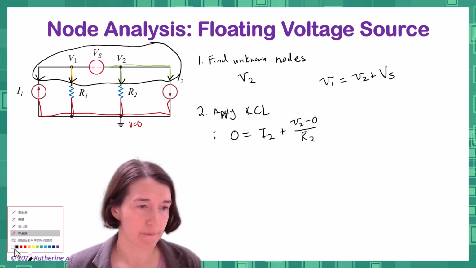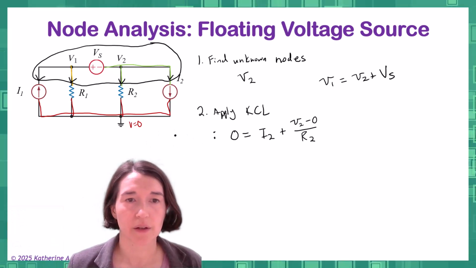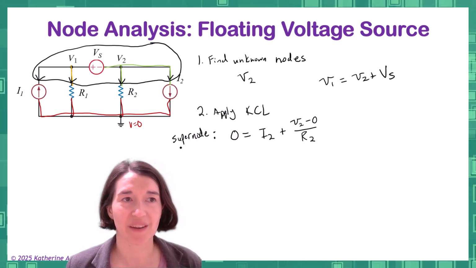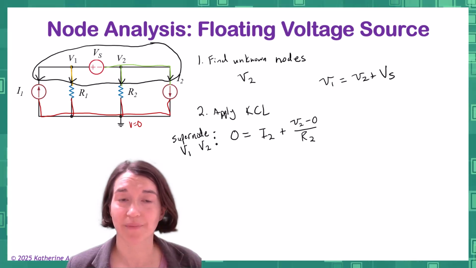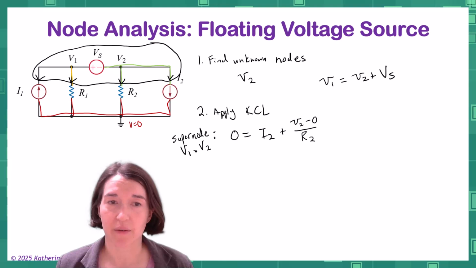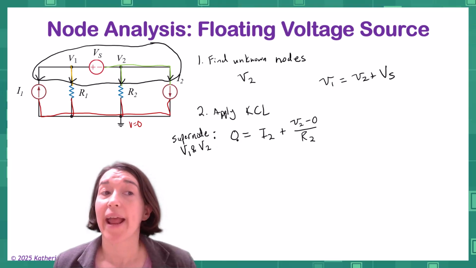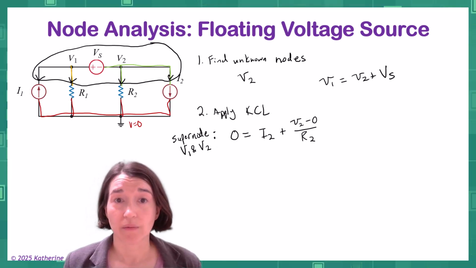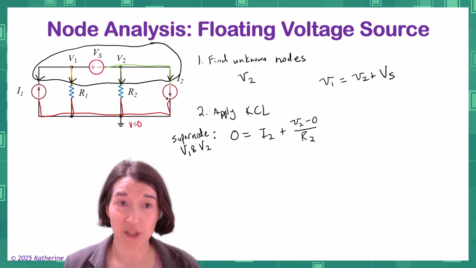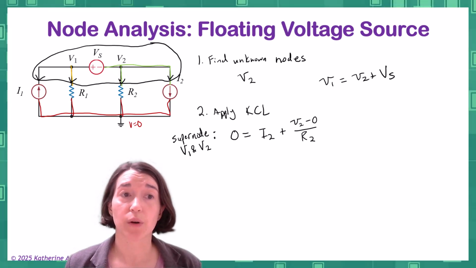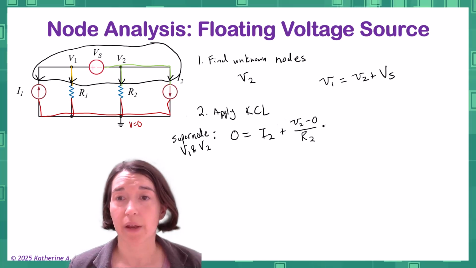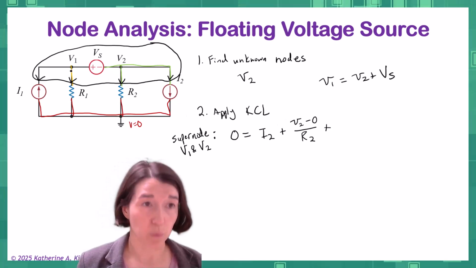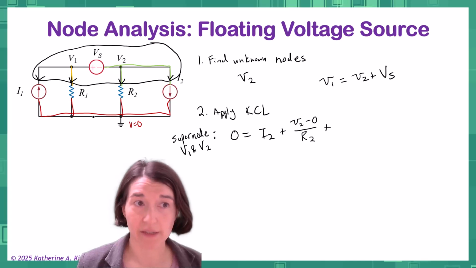Let's call it supernode. If we really want to be specific, it'd be V1 and V2 together. And then we would do the same thing. So we have I2 coming out, V2 minus 0, and then plus V1 minus 0.